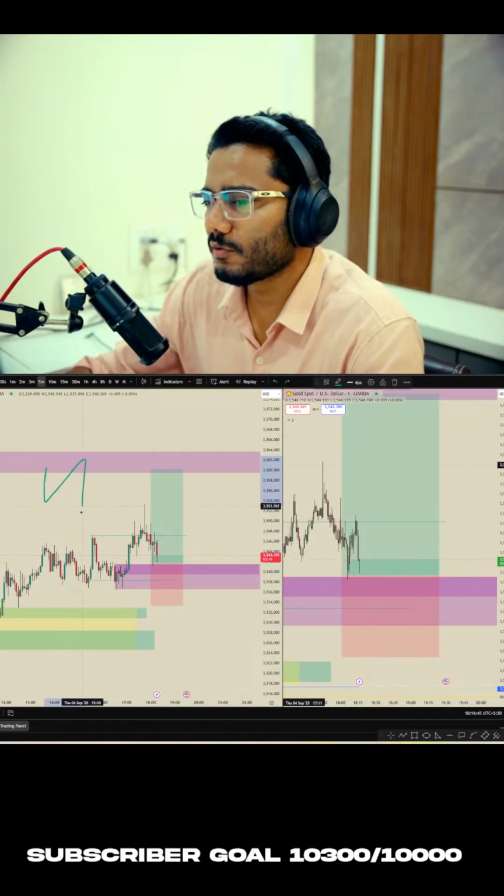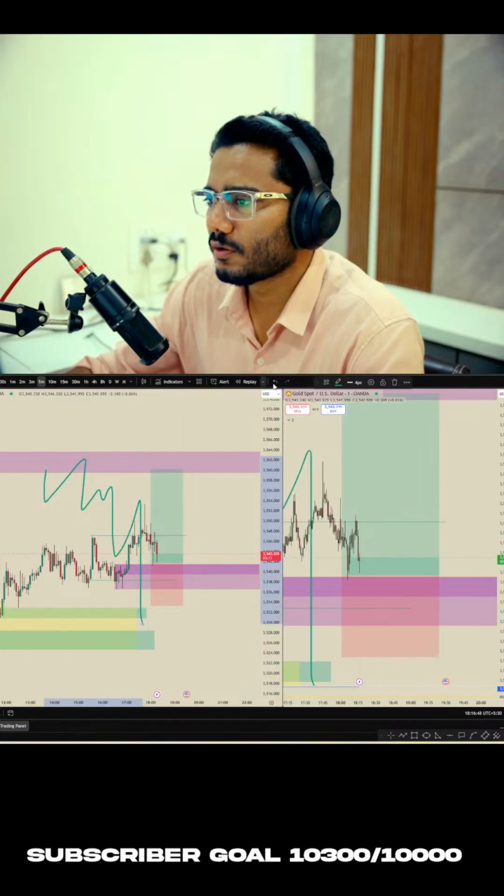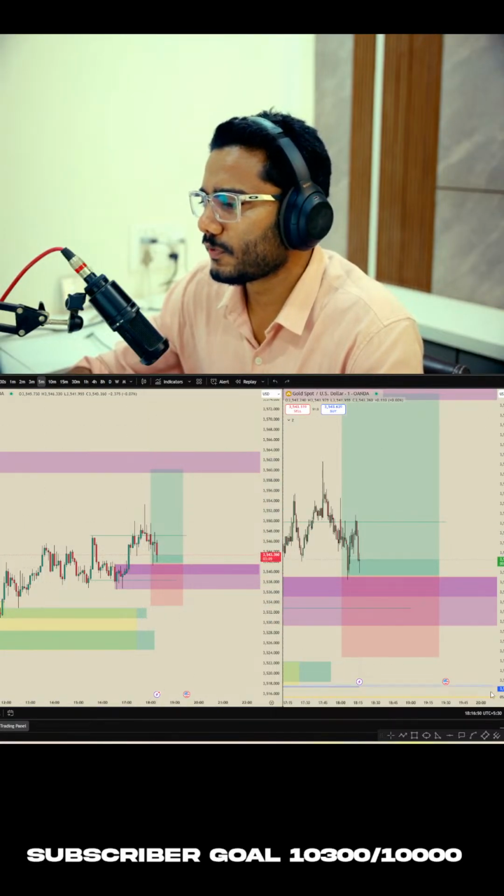But if you're trading a reversal, let's say change of pattern, then you can look for confirmation entry.